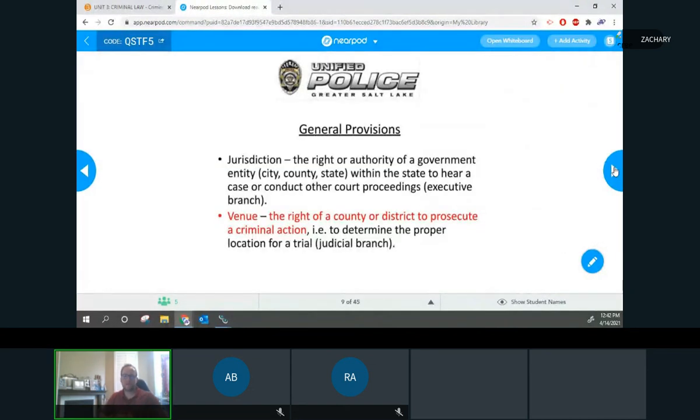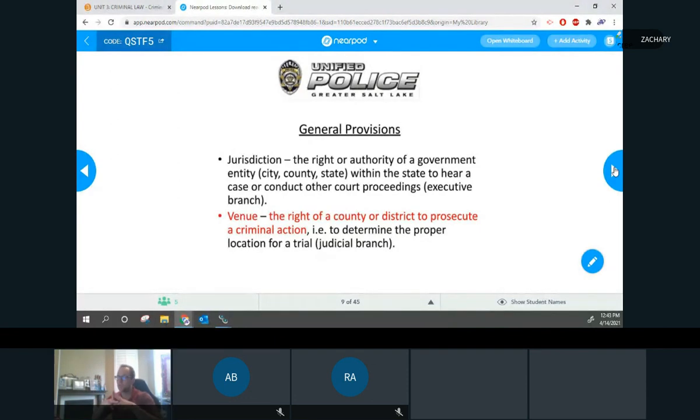So general provisions. Okay. There's jurisdiction. Jurisdiction is the right or authority of a government entity, city, county, or state, to be able to conduct that law on behalf of the executive branch, in order to fulfill their duties. So, like Utah Highway Patrol would be all of Utah, right?